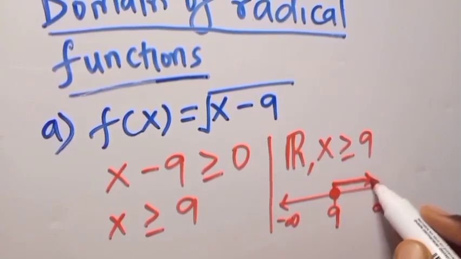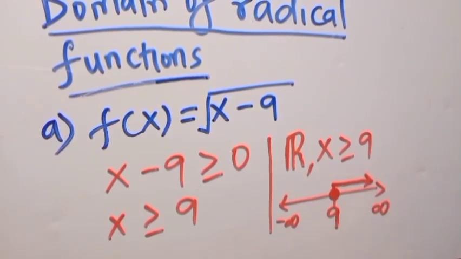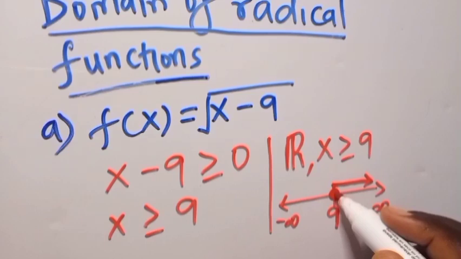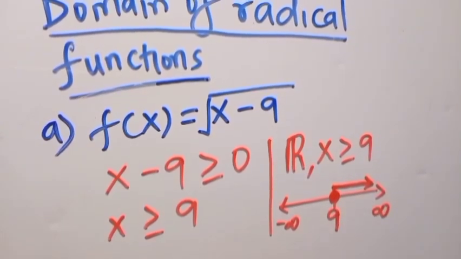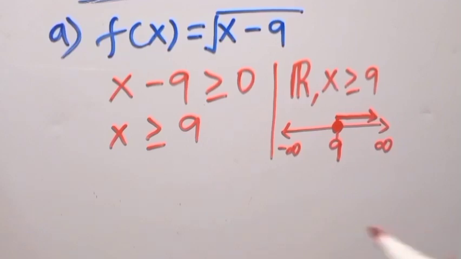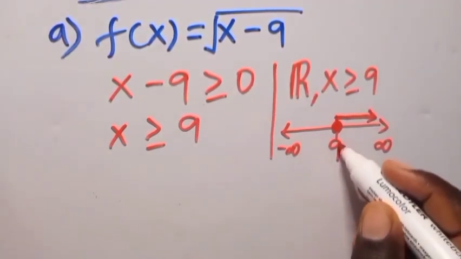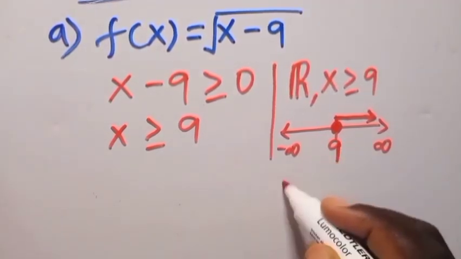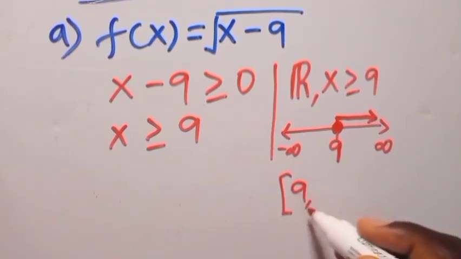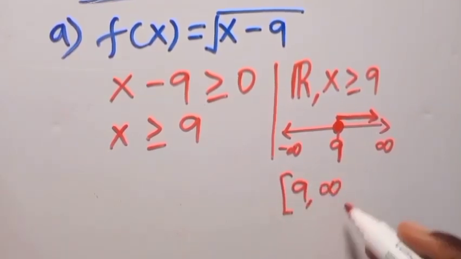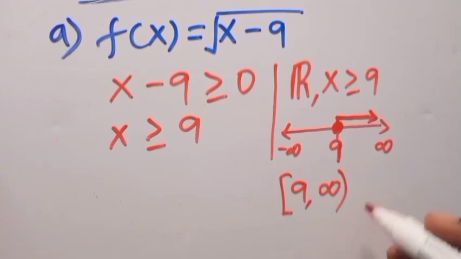All values that are greater than 9 or equal to 9. This dot means 9 is included. In interval notation, because 9 is included, I just write it this way, 9 comma positive infinity.